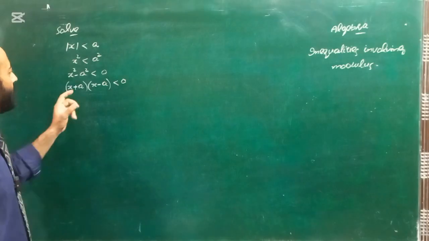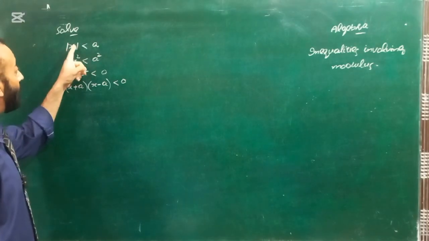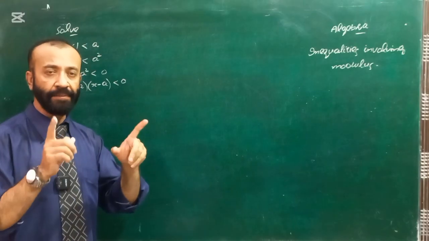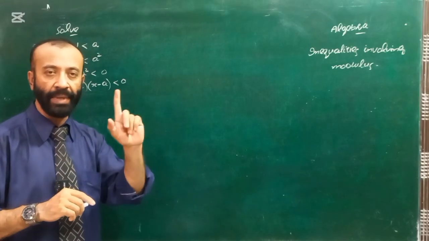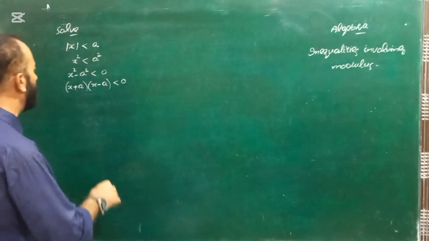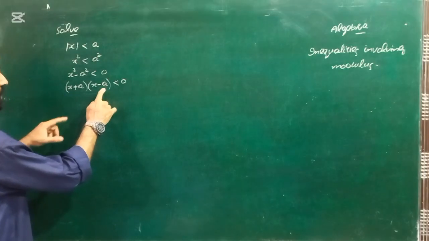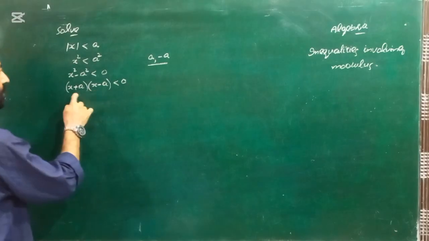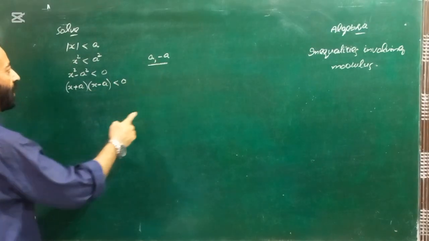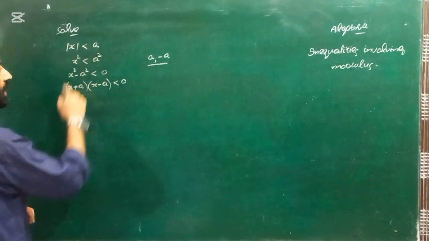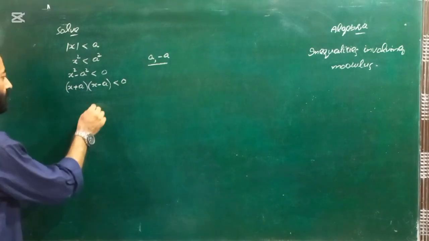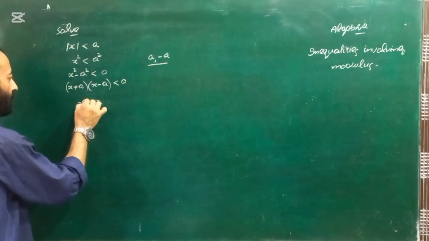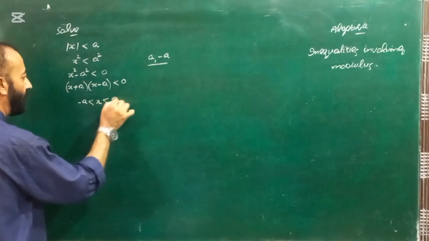And from here, look now, if modulus of x is lesser than a, then x will be greater than the lesser value and lesser than the greater value. So 2 answers will be there. Those are a and minus a. So these are 2 answers that will be obtained from here. And because modulus of x is lesser than a, x will be greater than the smaller value and smaller than the greater value.